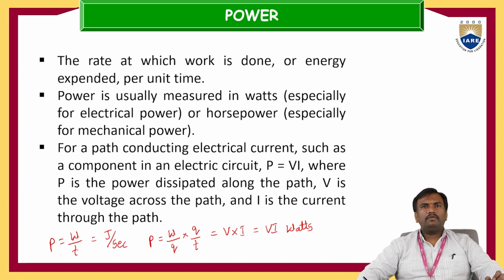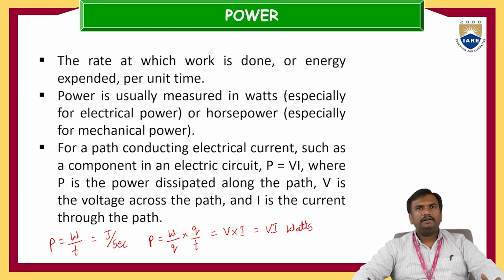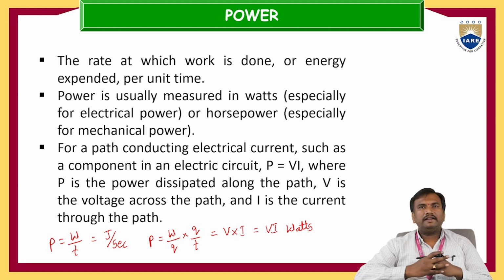Now we will go with power. Power and energy are interrelated. Power is nothing but energy per unit time, that is, how much work is done in a particular time.